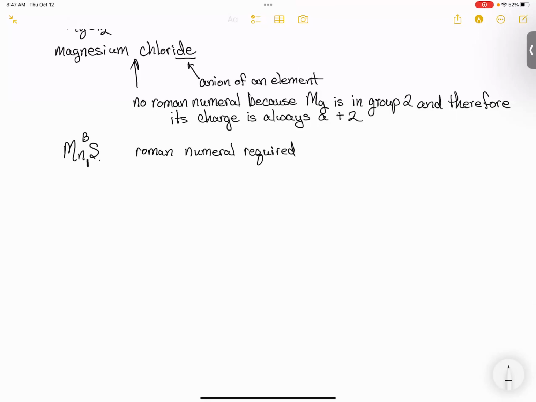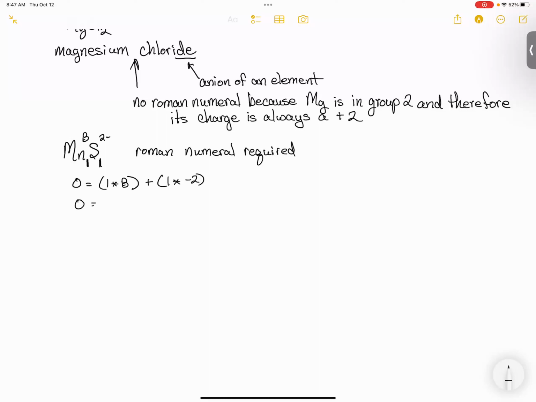I have one sulfur. And since it's an anion of an element, what is its charge? 2 minus. So if I'm using my formula, 0 is equal to 1 times B plus 1 times the negative 2.